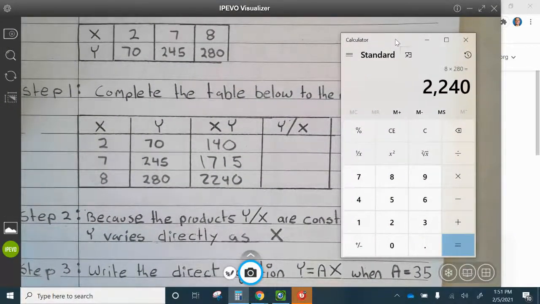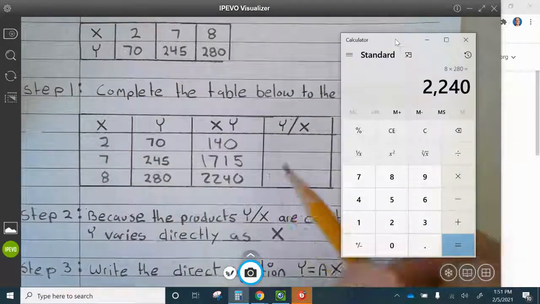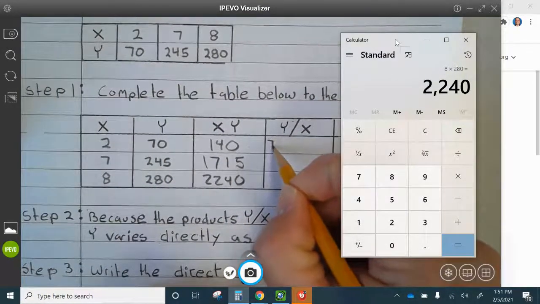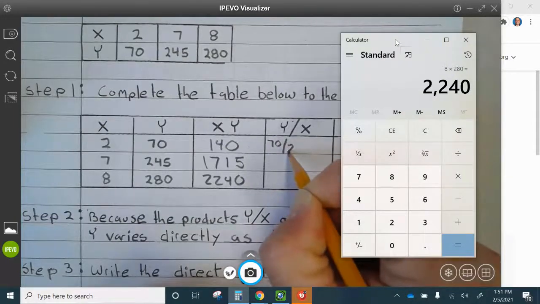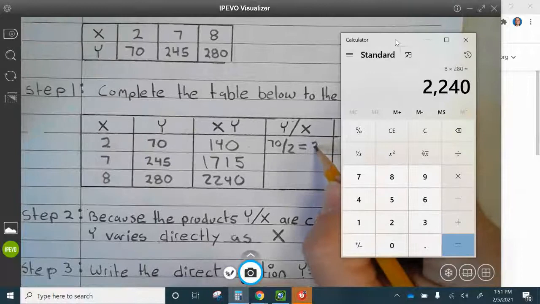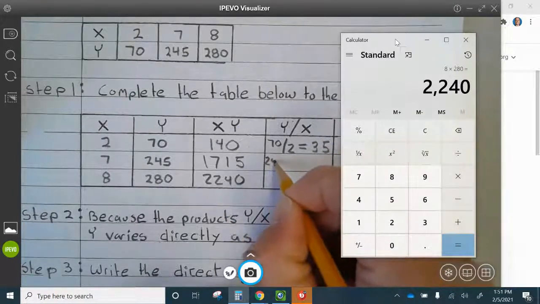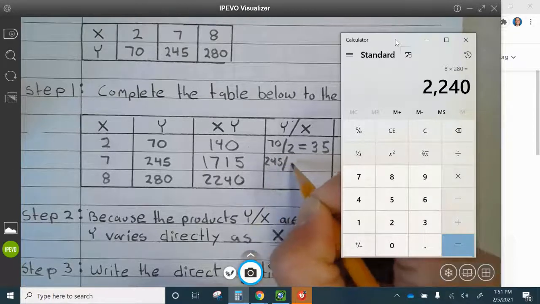Now we're going to do y divided by x. So that's 70 divided by 2 equals 35. Now we're going to do 245 divided by 7.